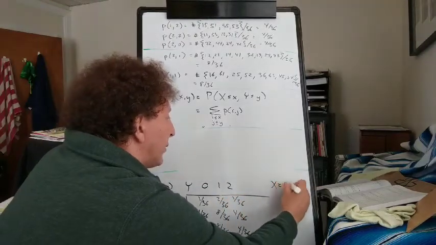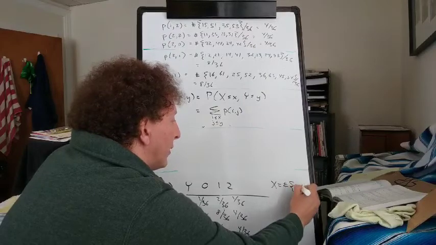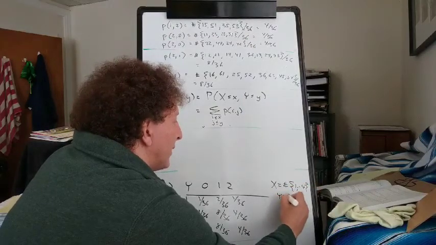So x is the number in the range 1 to 4, y is the number odd.